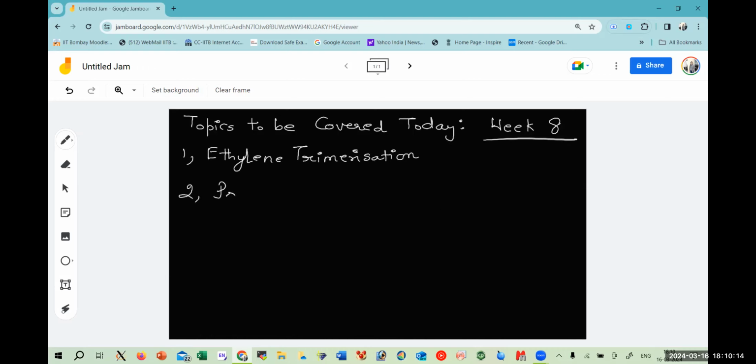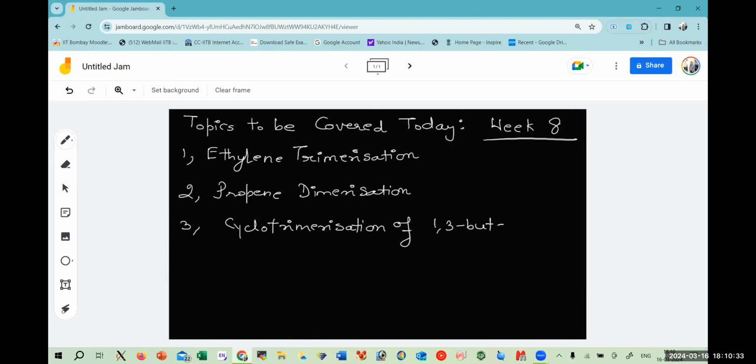Followed by propylene dimerization. Third would be the cyclotrimerization of 1,3-butadiene system.